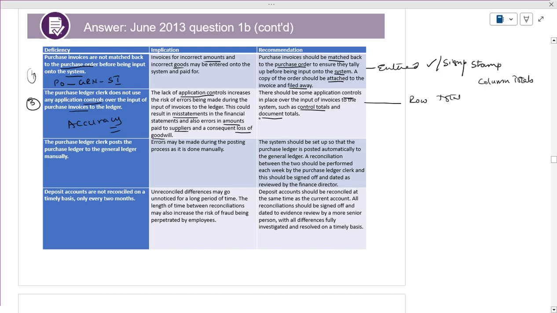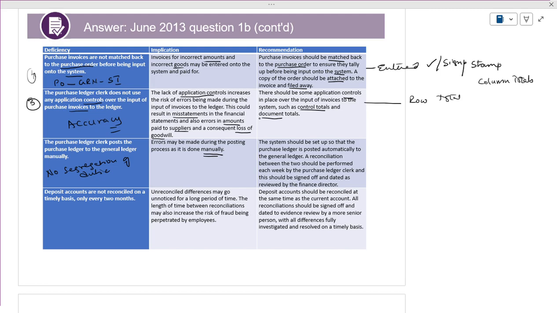He is doing two things, so there is no segregation of duties. Errors may be made during posting, as it is done manually. One side you are doing automatic, one side you are doing manually. Definitely there is no one who is reviewing.